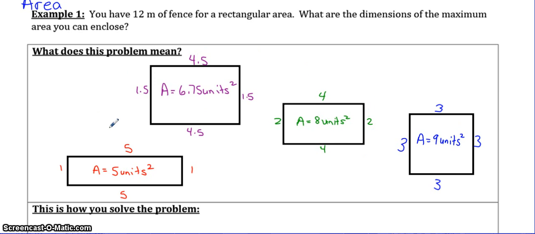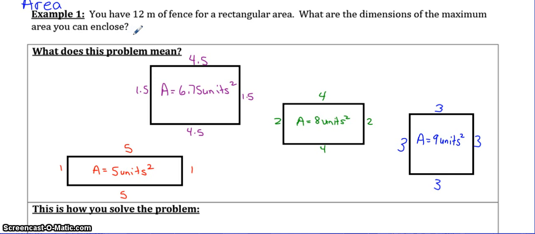All four of these have 12 meters of fencing as their perimeter going around. But as you can see, depending on the dimensions, they have different areas. So this question is asking, if you have a perimeter of 12, what should the length and width be so that you have a maximum area?